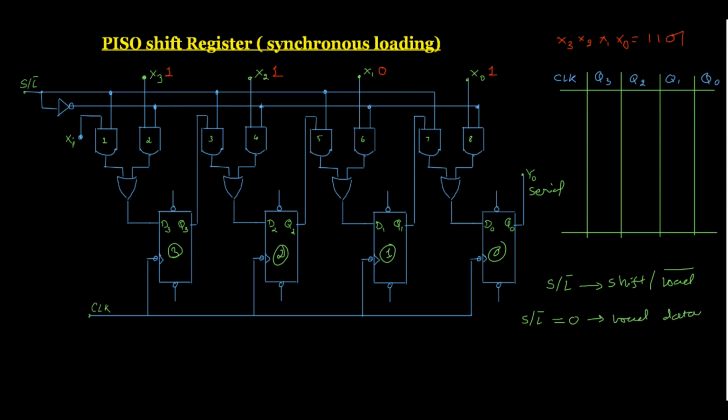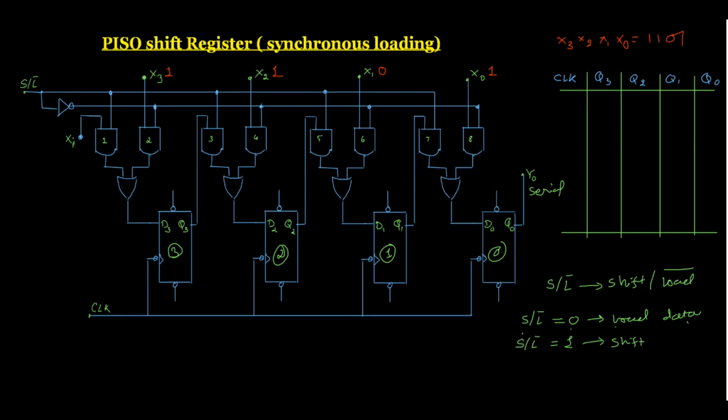First of all, in a SIP register we have to load the data, so at that time this control line has to be connected to 0. And when S/L bar is high, then the data will be shifted.